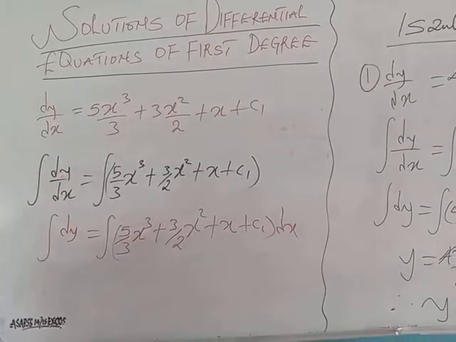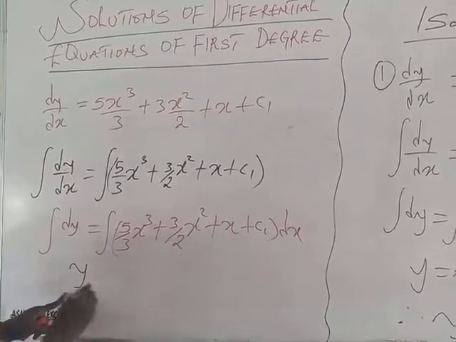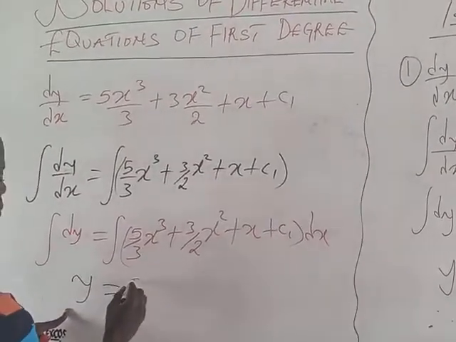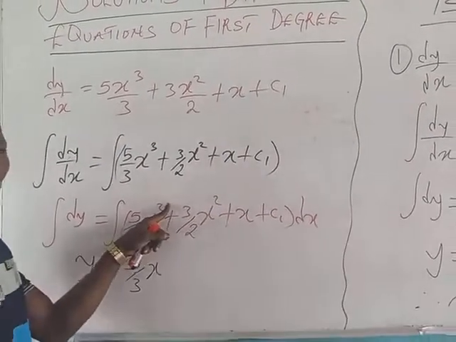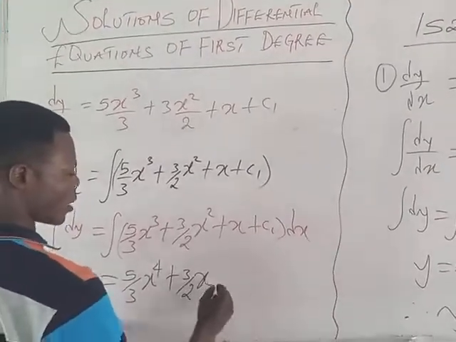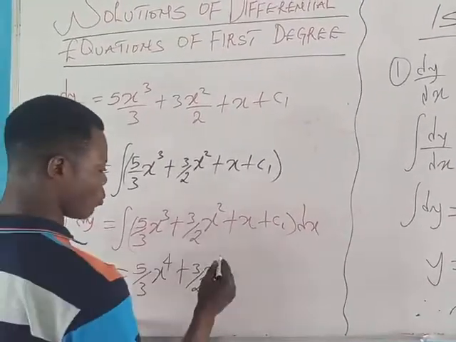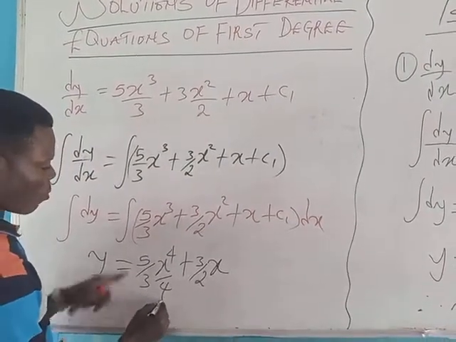So when you integrate dy, we're going to have y, which is the dependent variable, equal to 5 over 3 x. We are adding 1 to this power, so this one will be 4, plus 3 over 2 x. We are adding 1 to this power, which is what? Don't forget, we are also dividing by 4, you divide by the power.